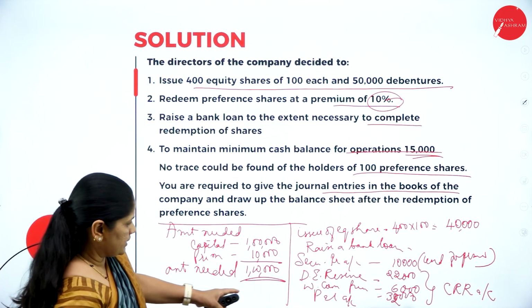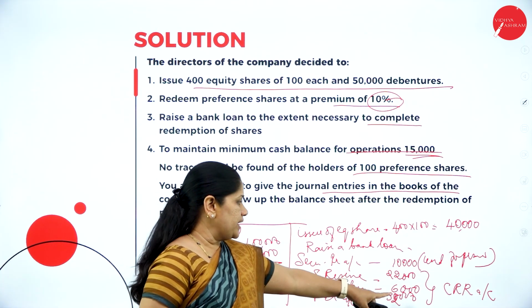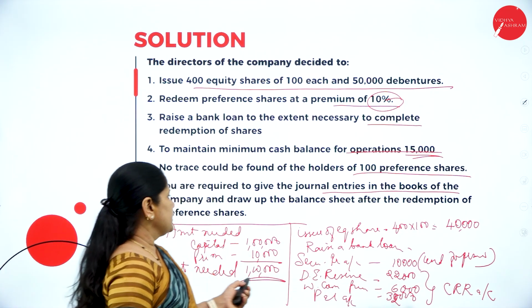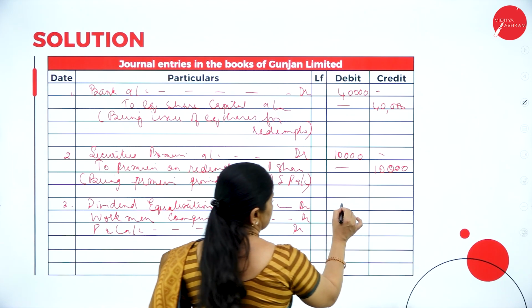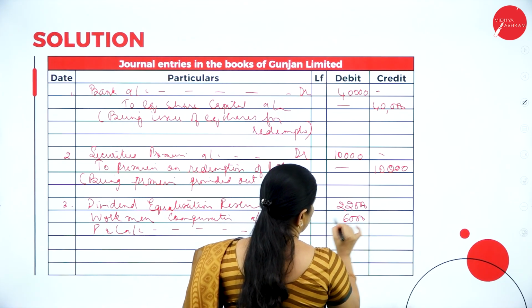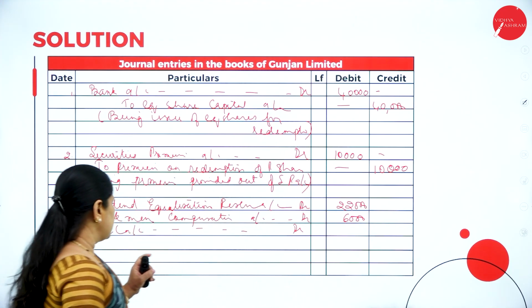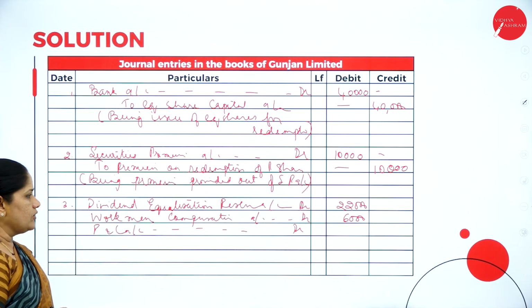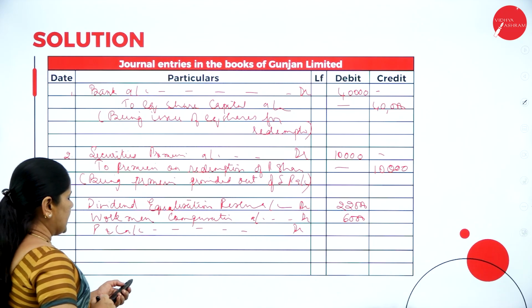Now, dividend equalization is 22,000. So we write 22,000. Workman compensation 6,000. Profit and loss account we don't know, so we will just calculate that.